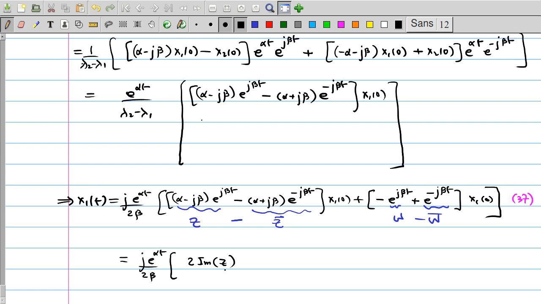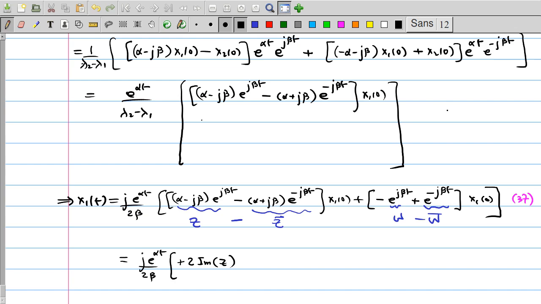The alphas will go away, but the imaginaries will be minus or plus. I think it will be plus 2 times the imaginary component of z, right? It's like minus j beta e to the j beta t.